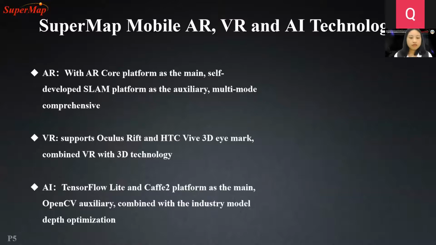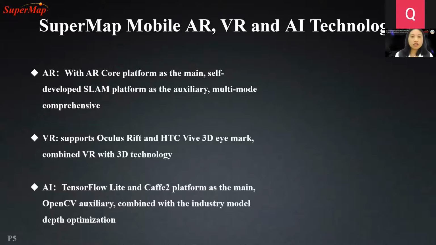And from the VR side, SuperMap combines VR with 3D technology, which brings an immersive 3D experience. And from the AI side, we take TensorFlow Lite and Caffe2 platforms as the main frameworks, integrate with OpenCV and industry models to achieve deep optimization.